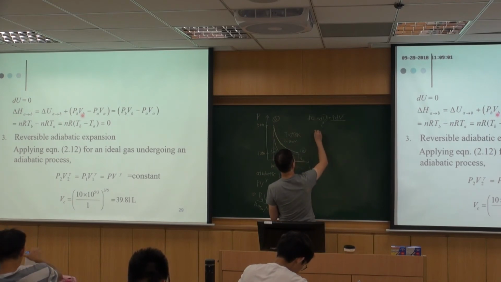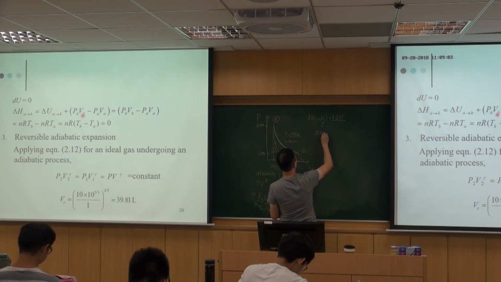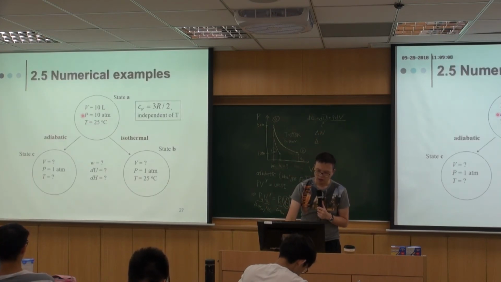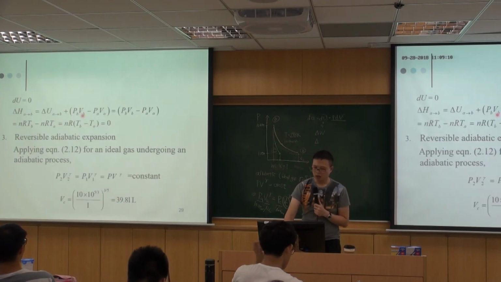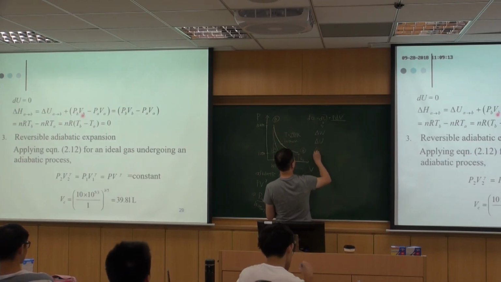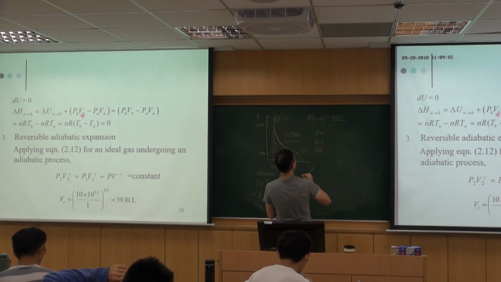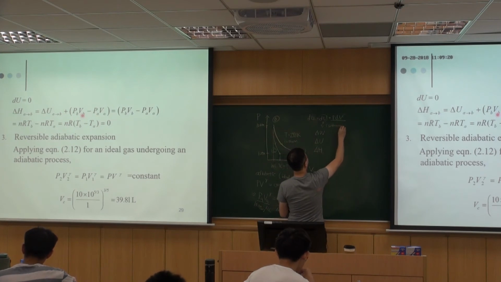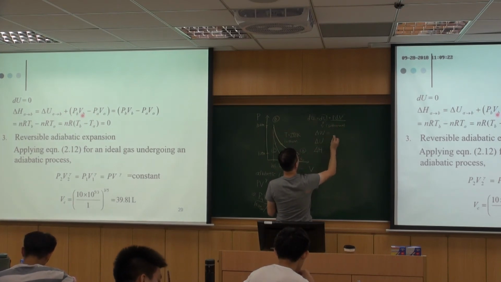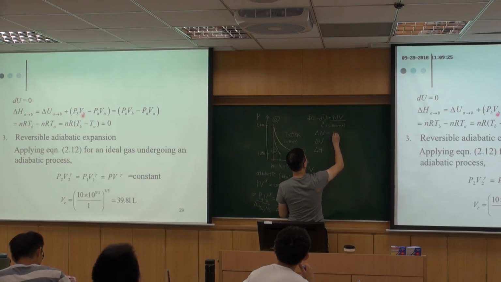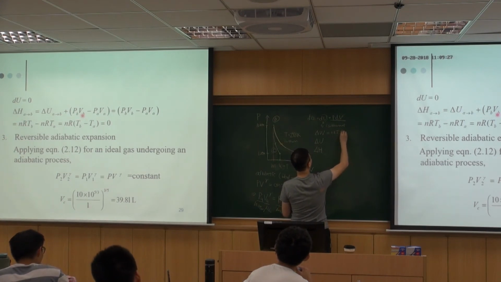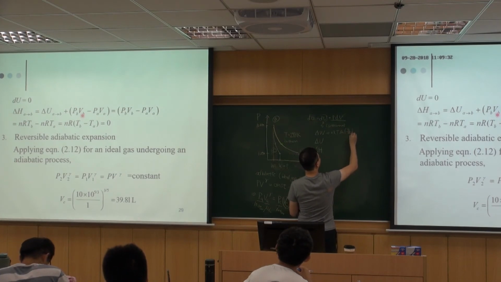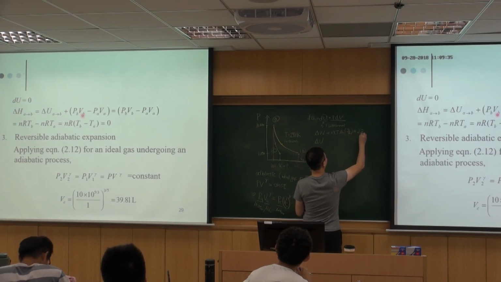So we want to calculate delta W, delta U and delta H. And for this isothermal process, we already know that this is, let's say, 23 kilojoule.